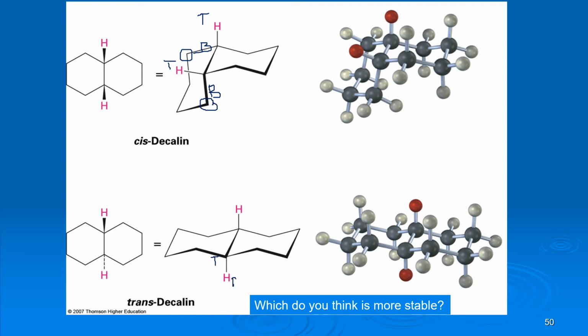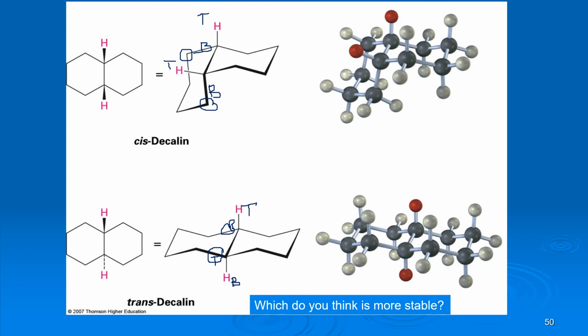This is the bottom. Here's the top again, and then here's the bottom. So in this case, we've got trans, so one of them is an equatorial top and one's an equatorial bottom. They're both equatorial, and so that makes these two rings sort of low and flat.